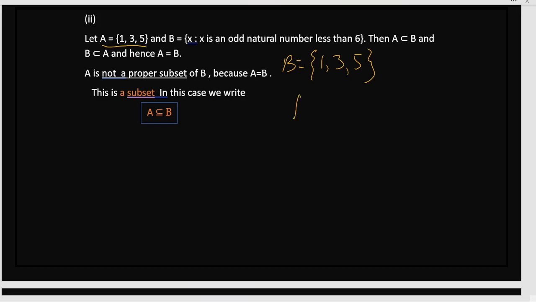Here A is a subset of B and B is a subset of A. That means all the elements present in A are in B and all the elements present in B are in A. So A and B are equal sets.